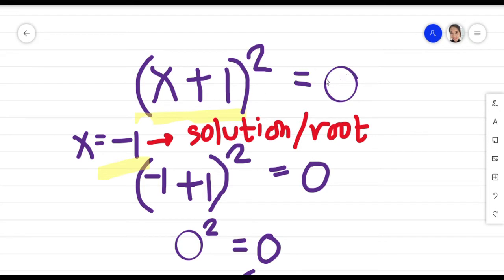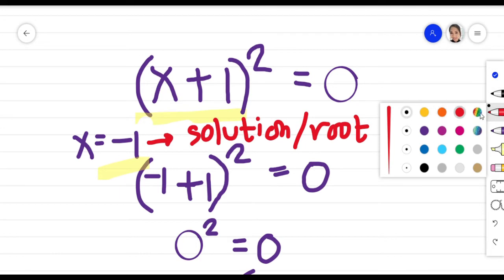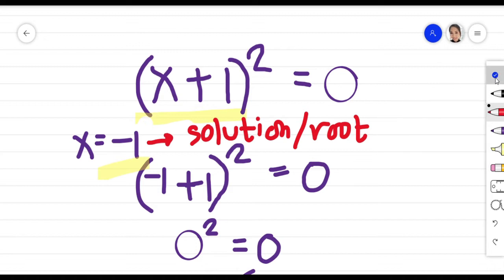So I can't think of any other value for x except -1. Thus, this equation is an example of a quadratic equation which has only one solution, right? It has one solution.